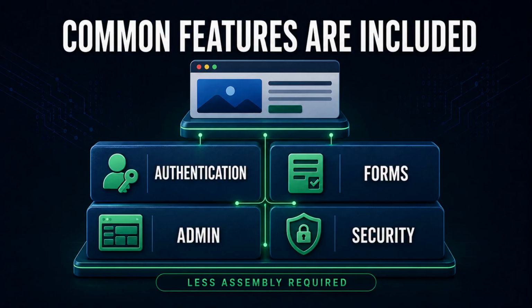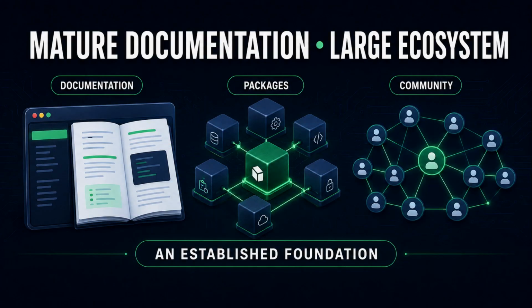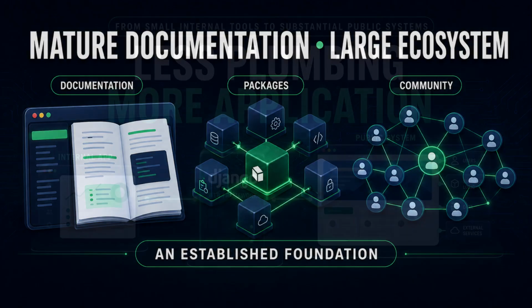These tools share Django's conventions instead of feeling like unrelated parts bolted together afterward. Django also benefits from mature documentation, a large collection of reusable packages, and an established community. For many common requirements, we can find clear guidance, a proven approach, or an existing package worth evaluating.